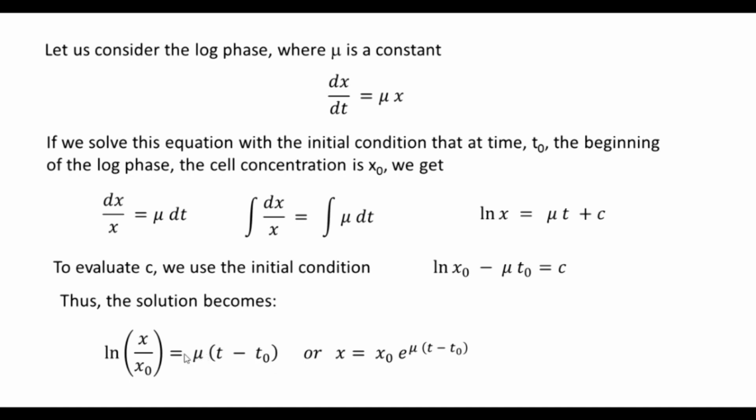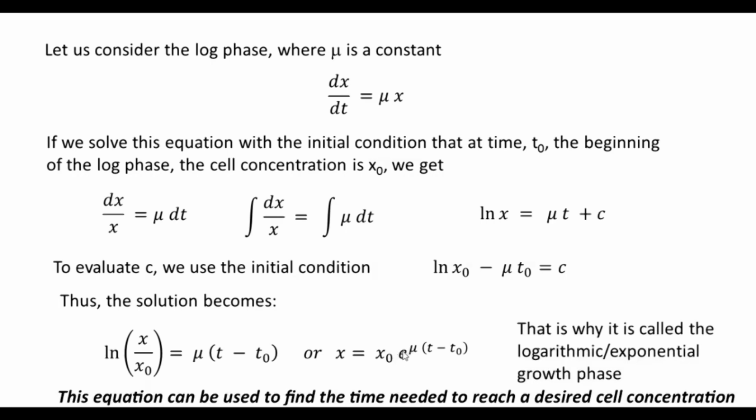And therefore, ln x by x0 equals mu into t minus t0, and x equals x0 times the exponential of mu into t minus t0. This is the description of the variation in cell concentration x with time.